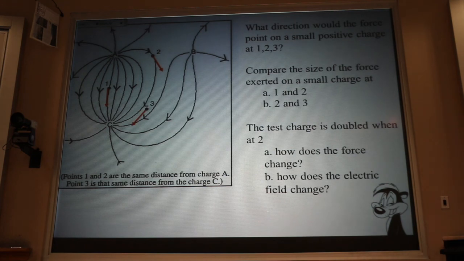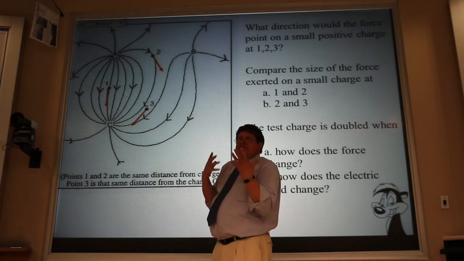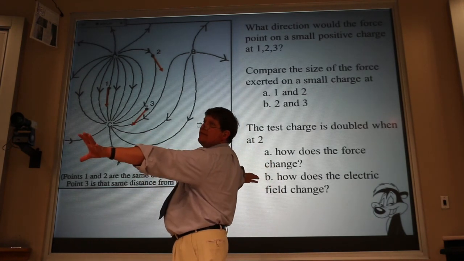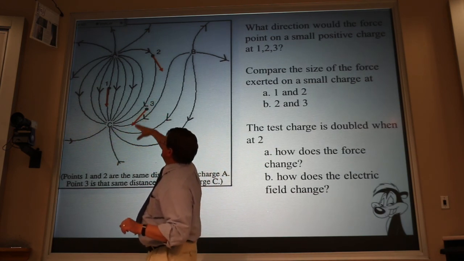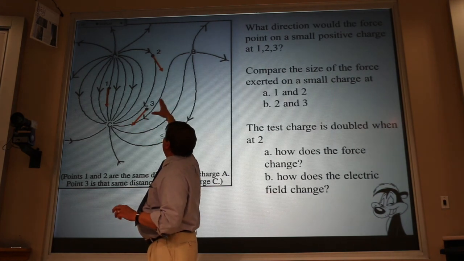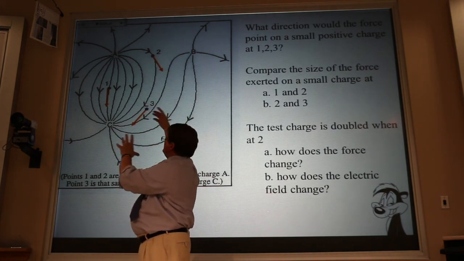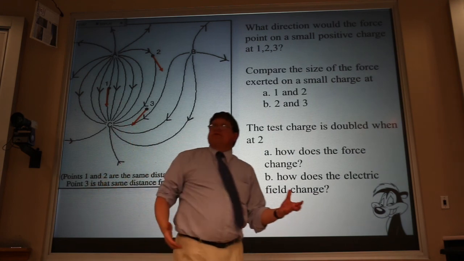And if I were to ask you to compare the size of those pushes at 1 and 2, again, some people, not you, but some people throw away the gift, throw away the field lines, and they say, oh, well, 1 is really, really close to 2 big charges, and 2, it's close to a big charge, but also a little charge, but maybe C is negative, so maybe that comes in. They get all confused.